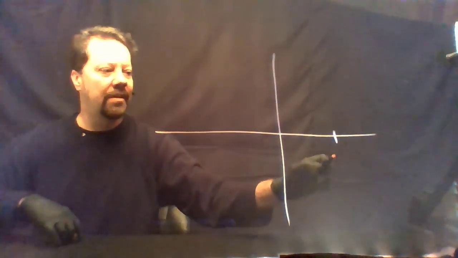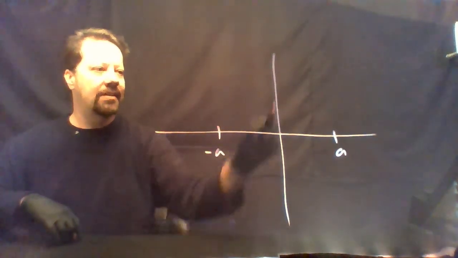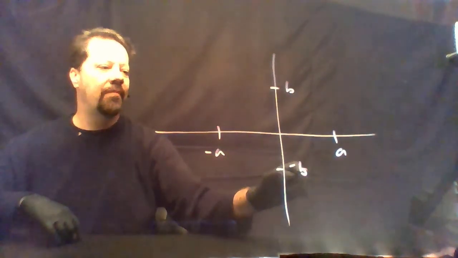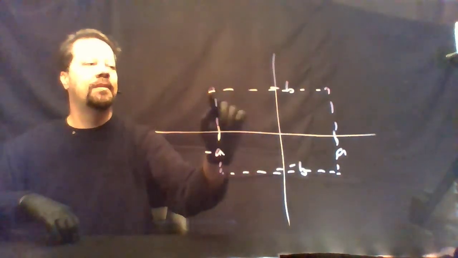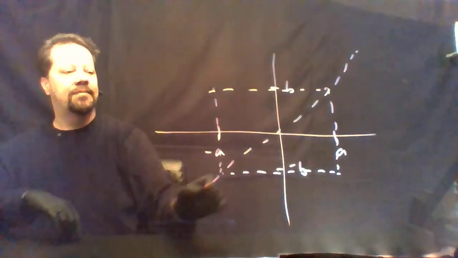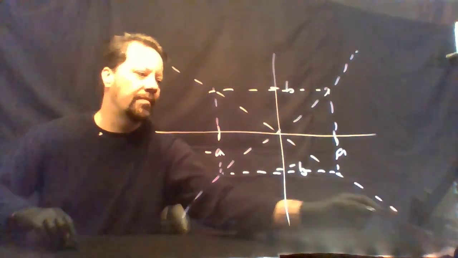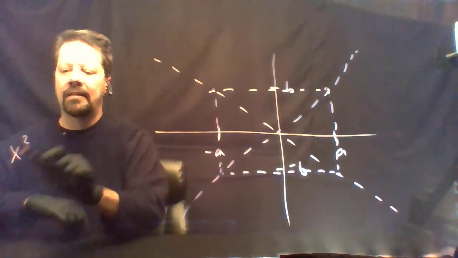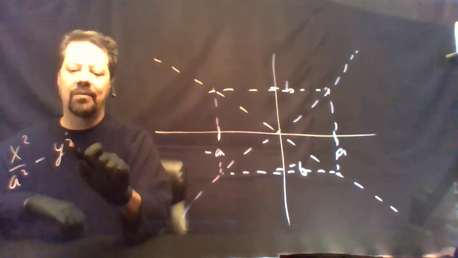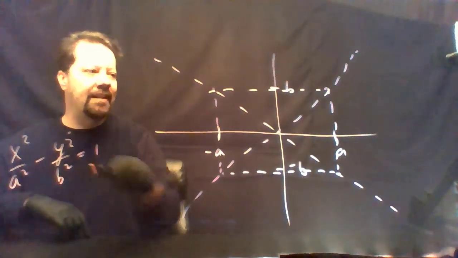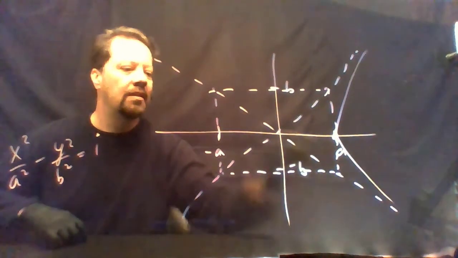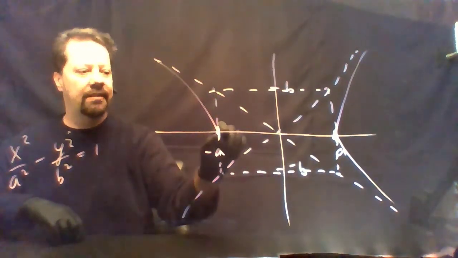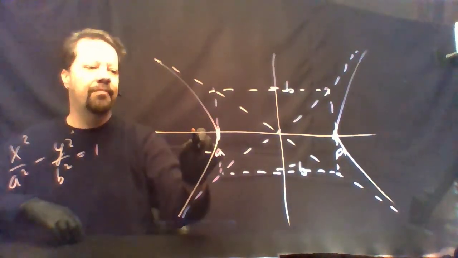From your experience in pre-calculus, you should recall that if you go a units this way, b units this way, you draw a little rectangle and connect the dots on the corners, then x squared over a squared minus y squared over b squared equals 1 will be an equation for a hyperbola that opens around the x-axis. Make the curve asymptotic to the asymptotes, go figure.